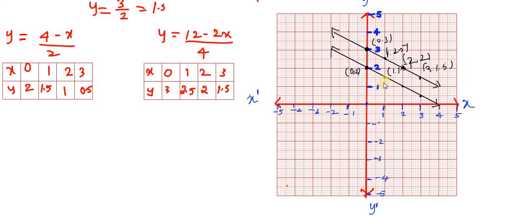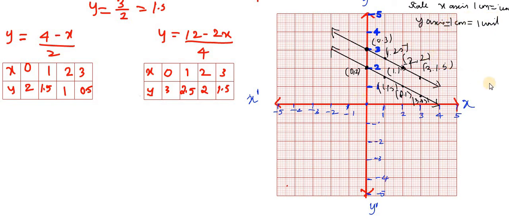So next here 1 comma 1.5, 2 comma 1, and also 3 comma 0.5. So you need to write the points like this. After that you write the scale here. Scale: x-axis 1 centimeter is equal to 1 unit, and similarly y-axis 1 centimeter is equal to 1 unit. So I need to write the scale like this.